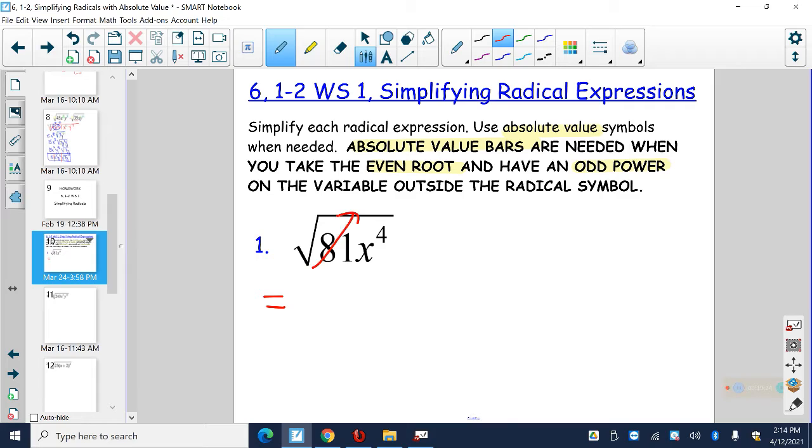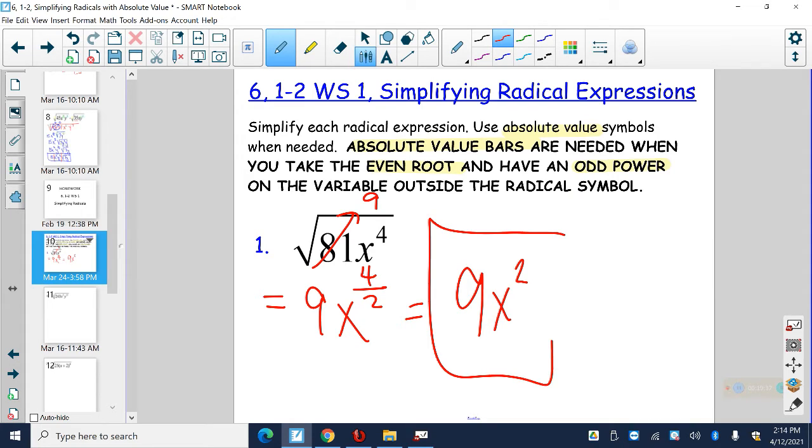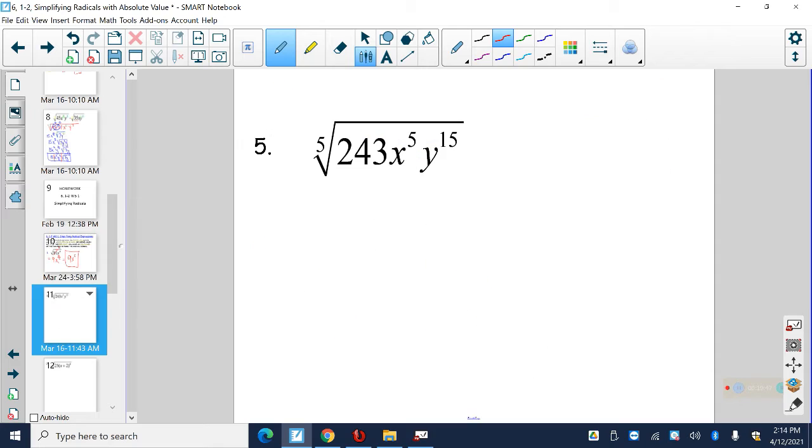This comes out as a 9. So then I'm going to have 9x, the power is 4, the root is 2. What is 4 divided by 2? So this is 9x squared. Do I need absolute value bars? No, because I have an even power. Do we all understand that one? We good? Okay, let's keep going.